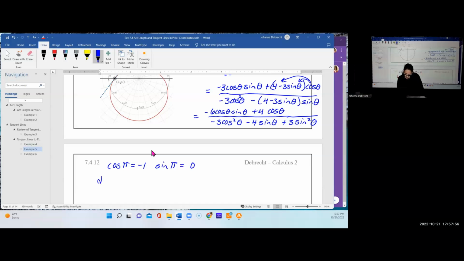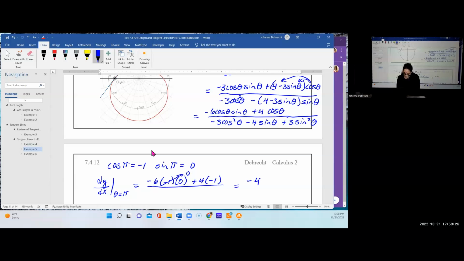So our formula for dy dx, evaluated when theta equals pi, becomes -6. The cosine of pi is a -1, but the sine of pi is 0. So this term goes to 0. Then we have +4 times the cosine, which is -1. So this goes to -4 in the numerator.